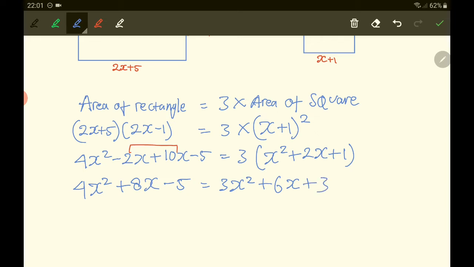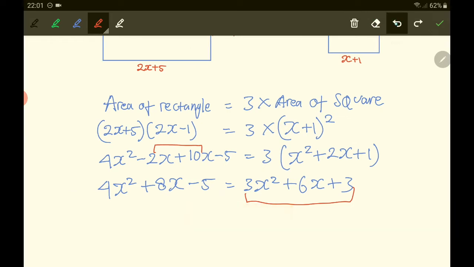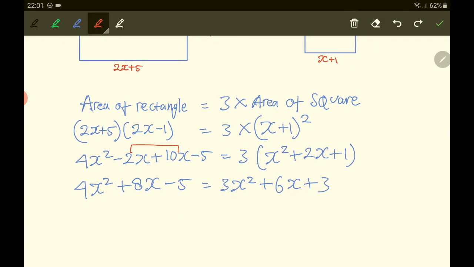Okay, so now we try to move all of the terms on the left to the right, and the right to the left.